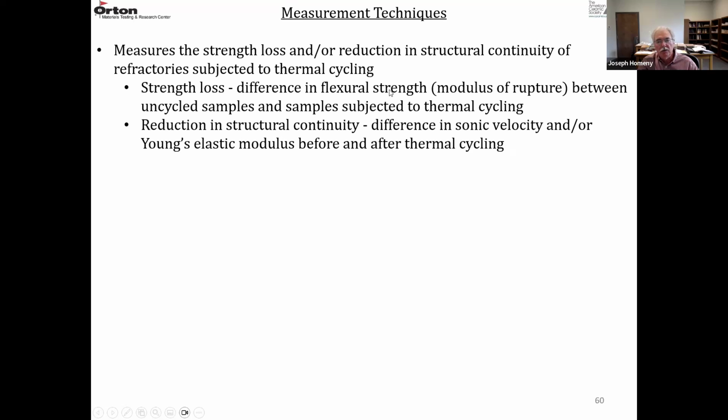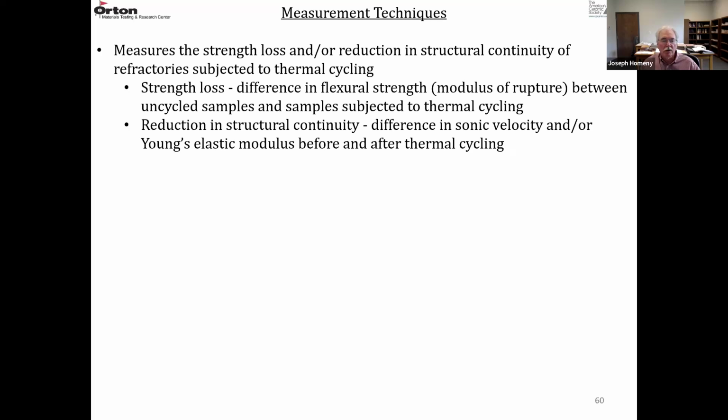So the difference in flexural strength, which is the MOR, between uncycled samples and samples you thermally cycled, and then the reduction in structural continuity is the loss in sonic velocity or Young's modulus before and after cycling. So this is pretty much the standard thermal shock test that's used now.